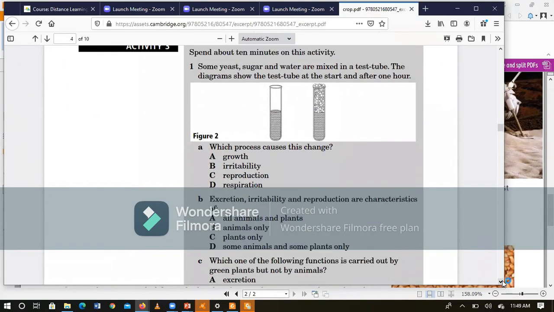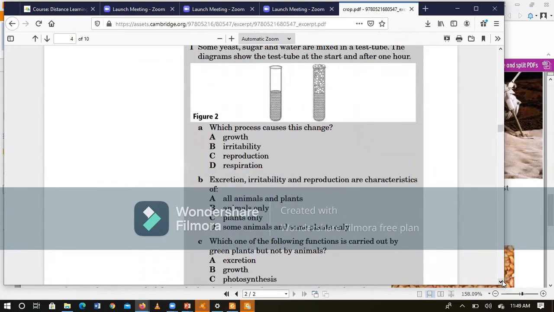So Cindy, we are back at you. The first question, you can read the question and answer. It says, which process causes this change? I think it's A, growth. Growth. Okay, so the yeast might be growing.